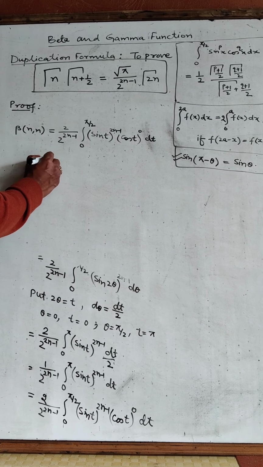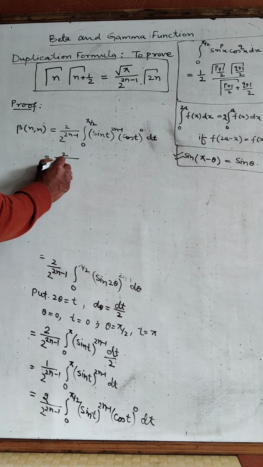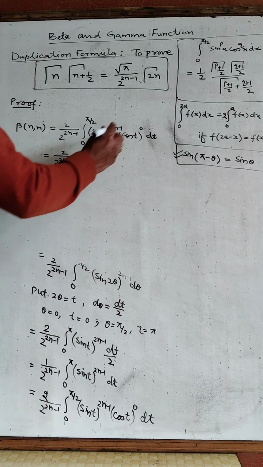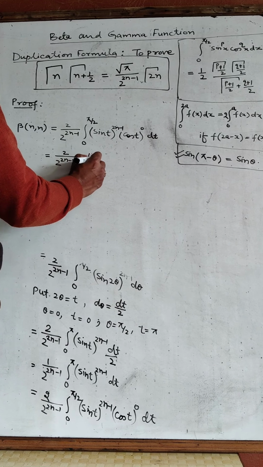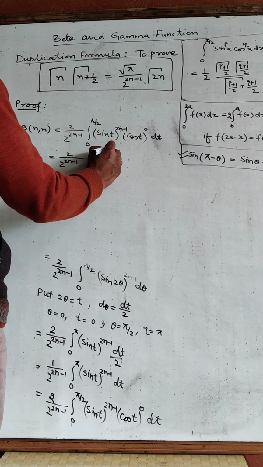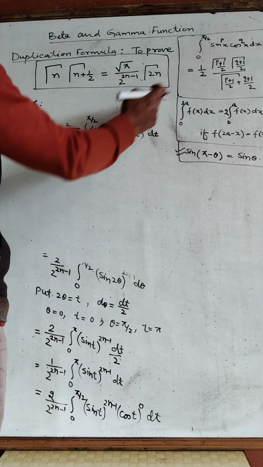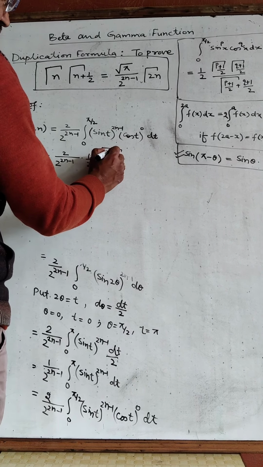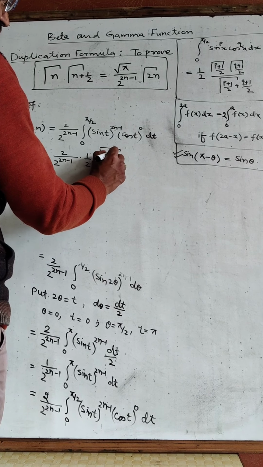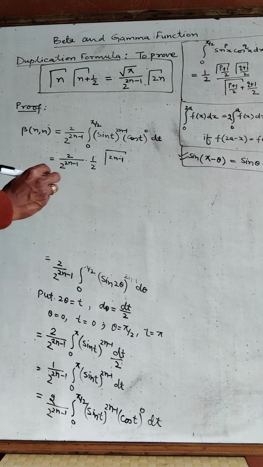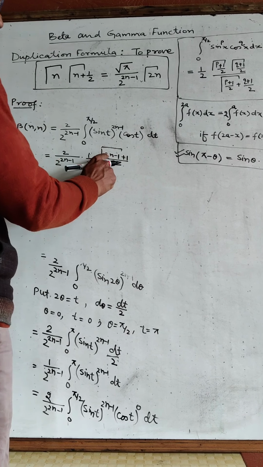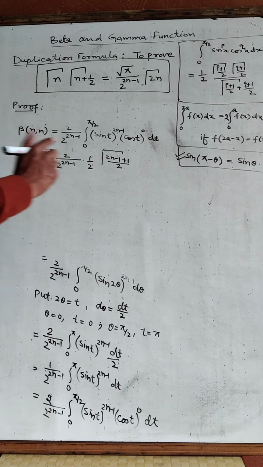It would be equal to 2 over 2 raised to the power 2n minus 1 into 1 by 2 gamma of, what is p? p is 2n minus 1, so it will become (2n minus 1 plus 1) over 2, that is (p plus 1) by 2.